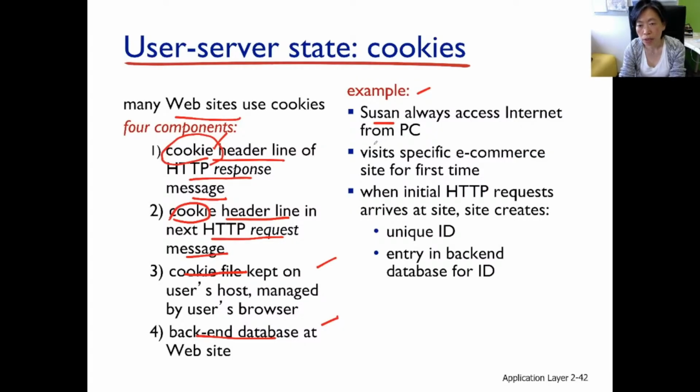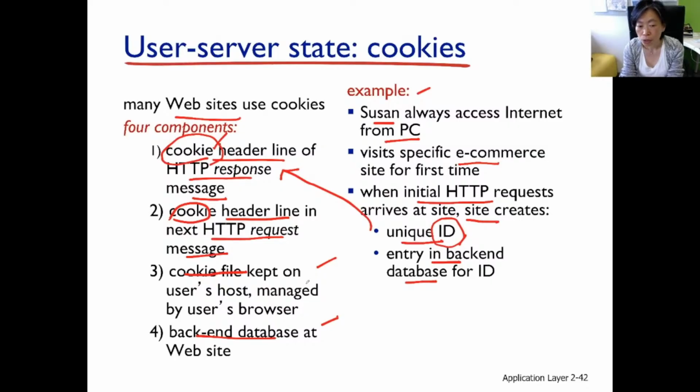Let's say Susan always accesses the internet from her PC, and she's visiting a specific e-commerce site for the first time. In the initial HTTP request arriving at the server, the site creates a unique ID, and that entry is added to the backend database. That ID is carried in the message the site sends back to Susan, as set cookie and then the number created here.